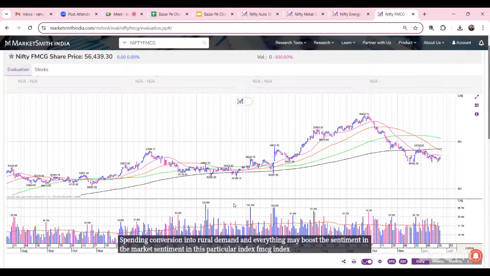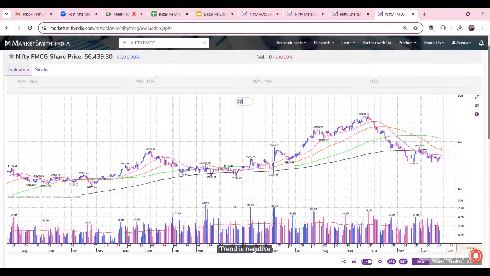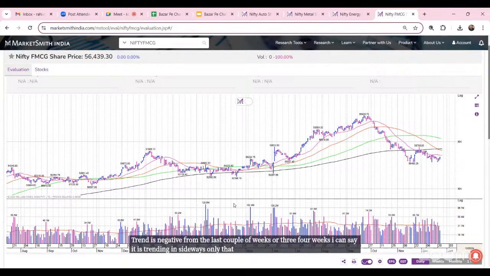But yes, currently, apart from this news and all this hypothesis, technically the index is trending below the 200 DMA. Trend is negative. For the last 3-4 weeks, it is trending sideways only. That sideways zone is approximately 55,000 on the downside and 58,000, 59,000 on the upside.